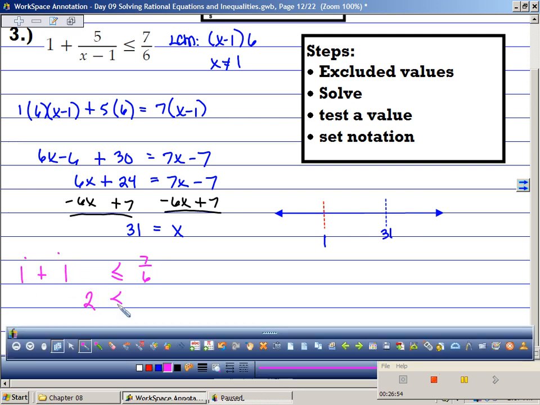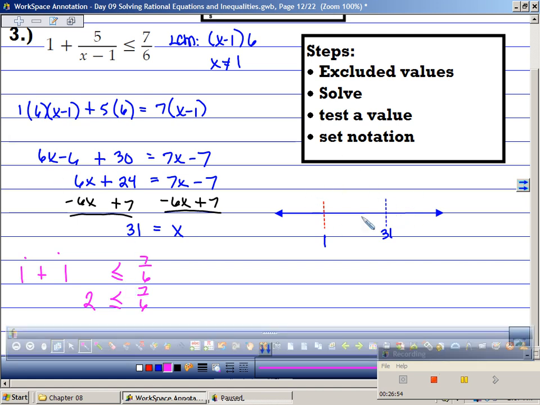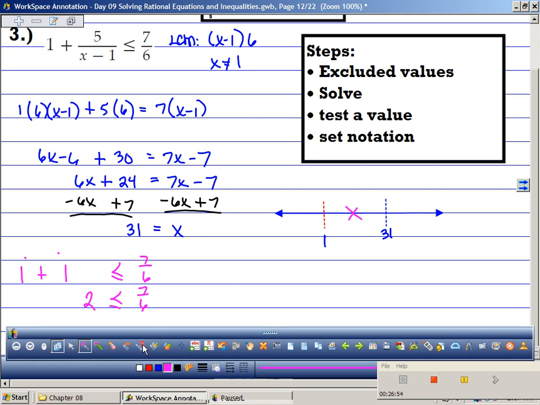So 2 is less than or equal to 7/6. Does that work? No. So if we plug in 6, which is in here, it does not work, correct? So since it doesn't work in there, it's going to have to be here and here. Does that make sense? Yeah.